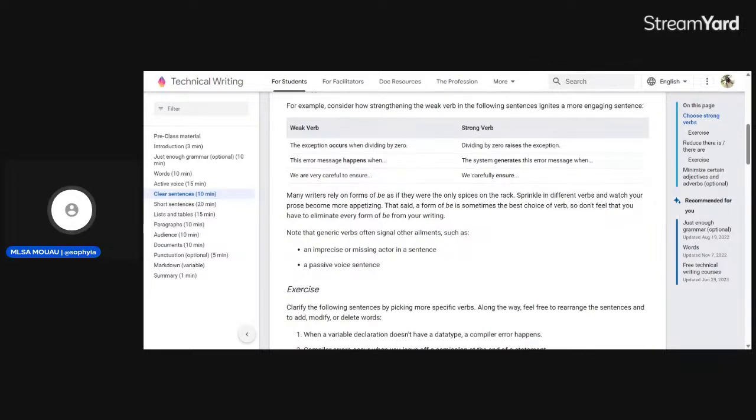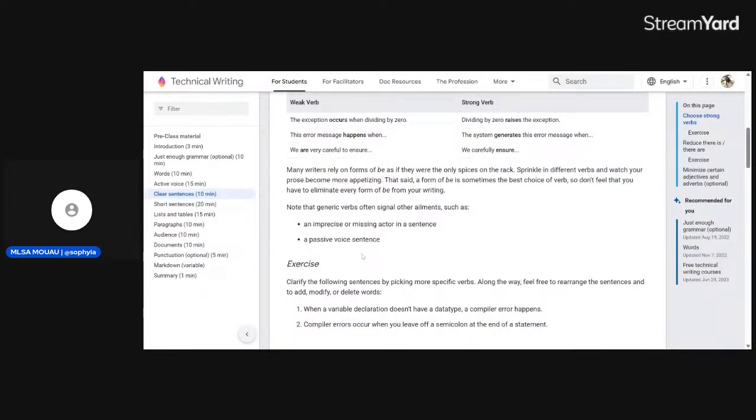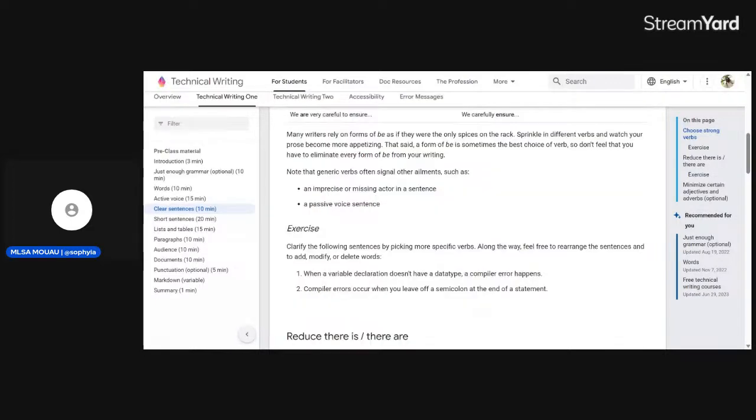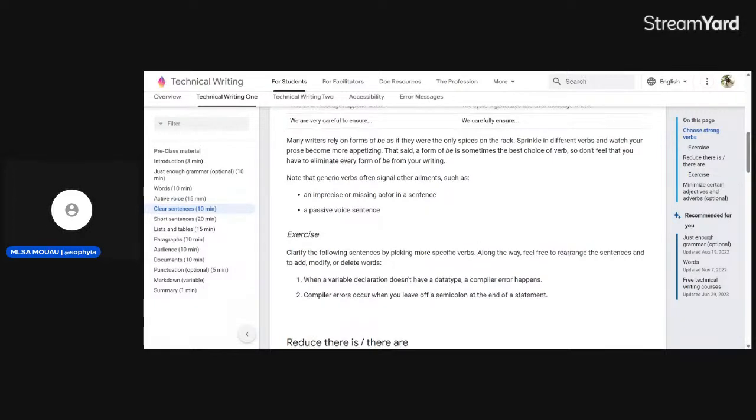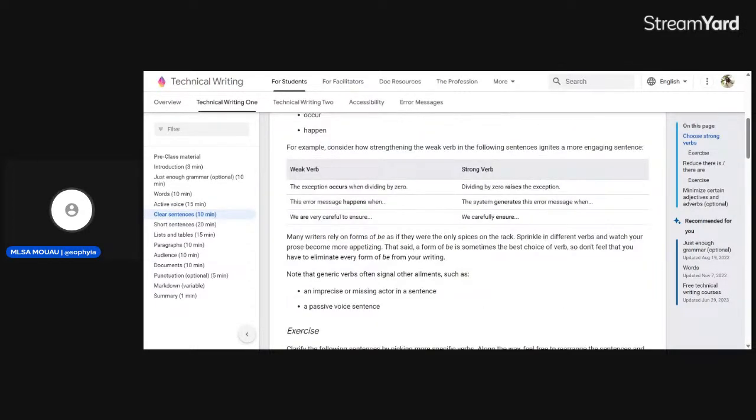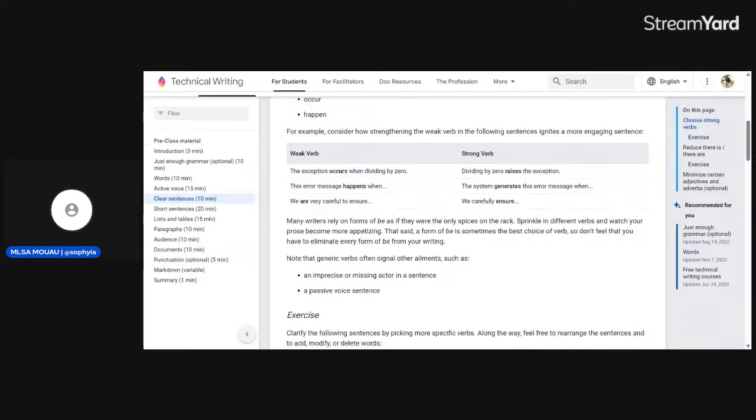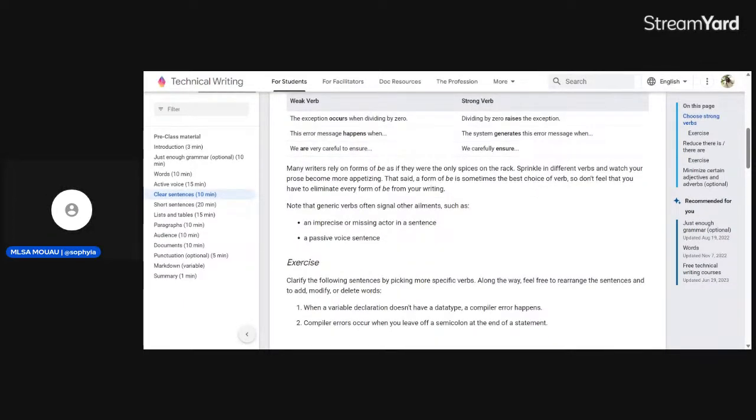So many writers tend to rely on forms of be, or they use words like occur, happen, are very often in their articles, and it may come off as weak.